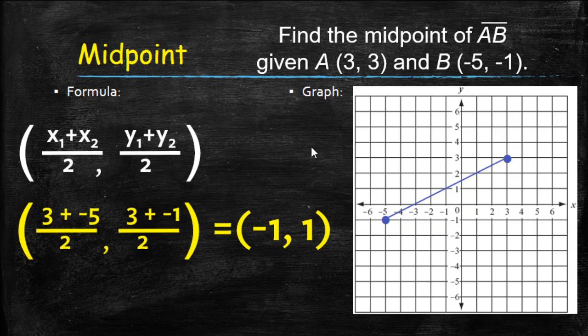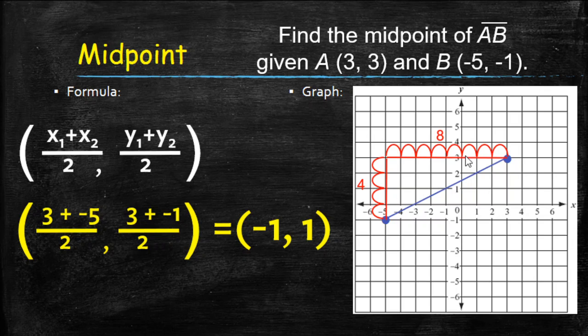Next, I can try this on the graph as well, and if I forget the formula, then I'm going to automatically go towards graphing to find my answer. So, to graph, I plot my points, and then I count along my grid lines. So I count 1, 2, 3, 4, and then I count over 1, 2, 3, 4, 5, 6, 7, 8.